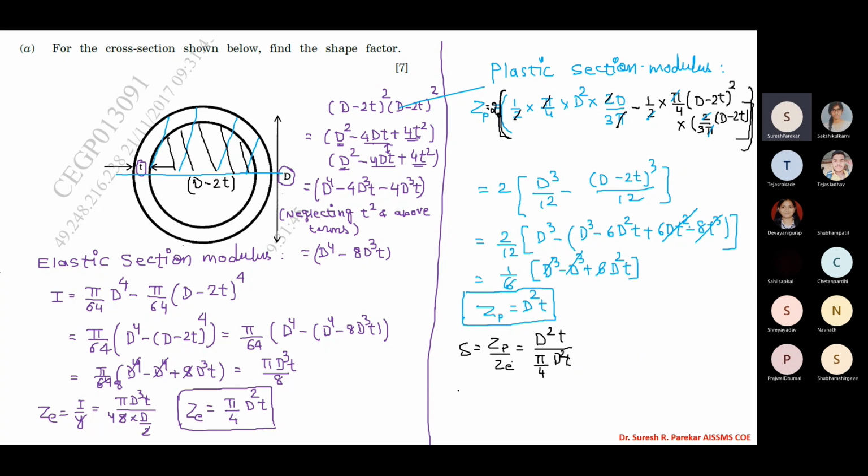And we have S equal to 4 upon pi, and S equal to 1.27. So we have S equal to 1.27.